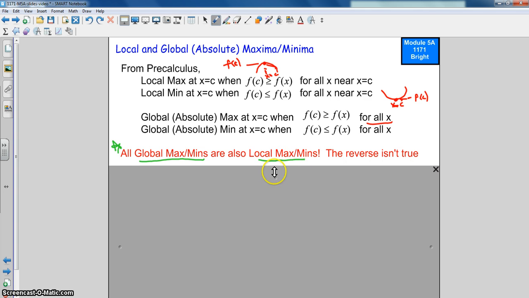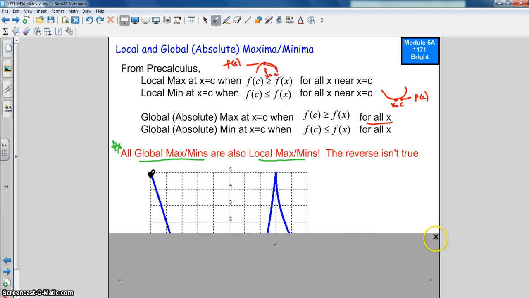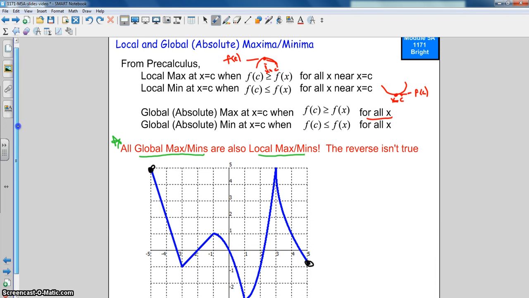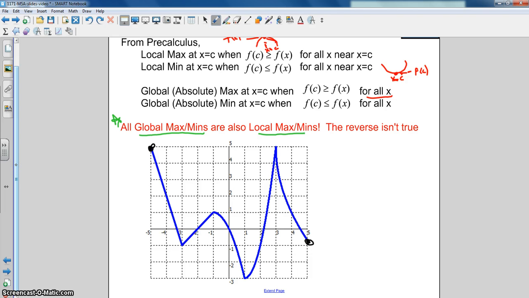Here, this is the same graph we saw before when we were studying critical numbers. Now I've just added some endpoints, so we're on a closed interval, and we want to determine the local min or max as well as the global max or mins.